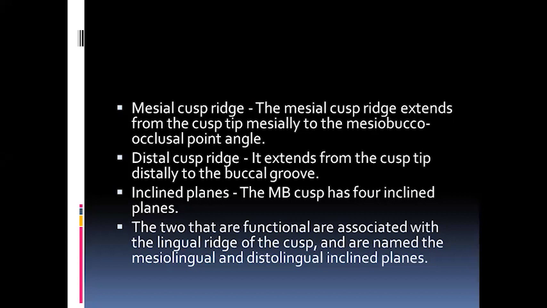Distal cusp ridge: it extends from the cusp tip distally to the buccal groove. Inclined planes. The mesiobuccal cusp has four inclined planes. The two that are functional are associated with the lingual ridge of the cusp and are named the mesiolingual and distolingual inclined planes.